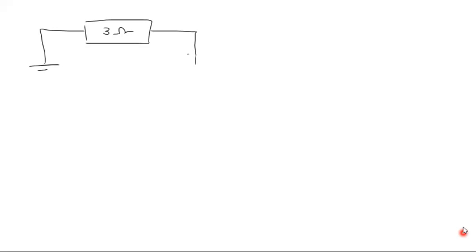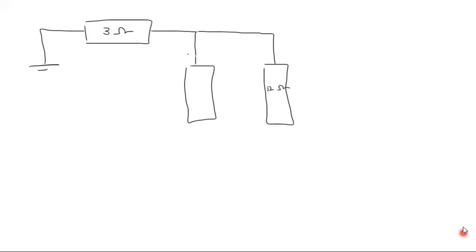And they've got 2 resistors here. This is 12 ohms. And this is 4 ohms. And they want you to work out the current going through both and the circuit. And you're told that this is 12 volts here.